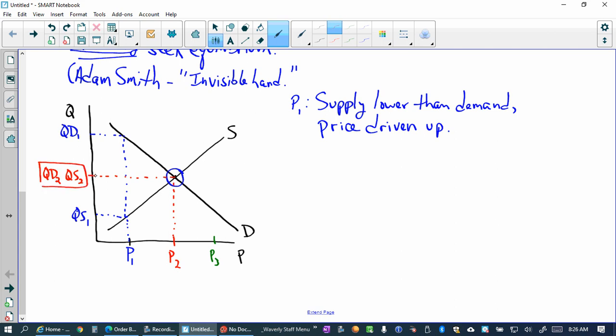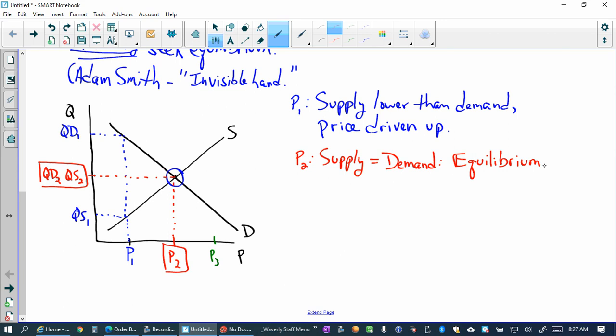So this price here is the natural state of the economy of that particular product. Supply equals demand, and we call that equilibrium. So at price 2, supply equals demand, or quantities. This is our equilibrium price.